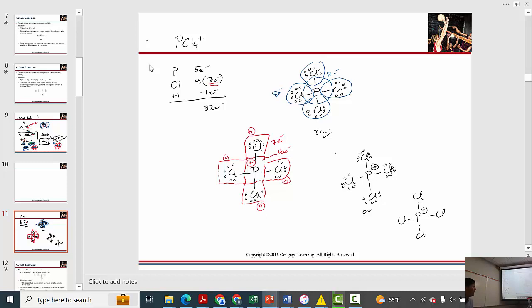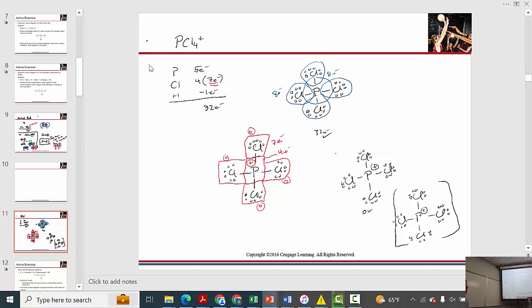Now, what some people do is they, rather than write 2 dots like this, they'll write 1 line. It doesn't matter. You could write 3 lines around this, but I usually write the dots, even though it takes a lot of time. And then write the square brackets around this.